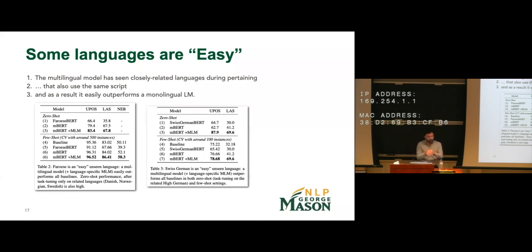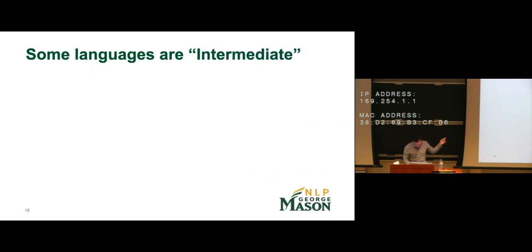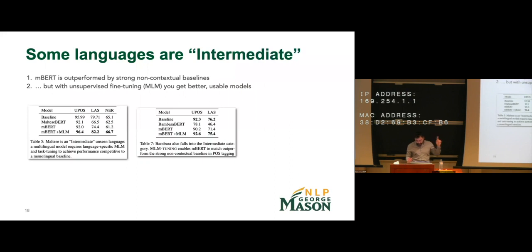Maybe easy and intermediate are not the best labels to put, but let's say they're easy for the multilingual model. And yes, first of all, I don't know if they're necessarily comparable, because we're working on the UD data, at least for part-of-speech tagging and dependency parsing.